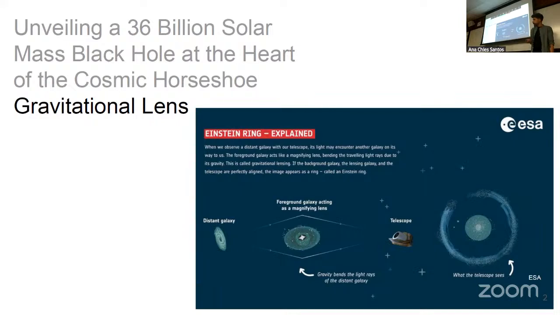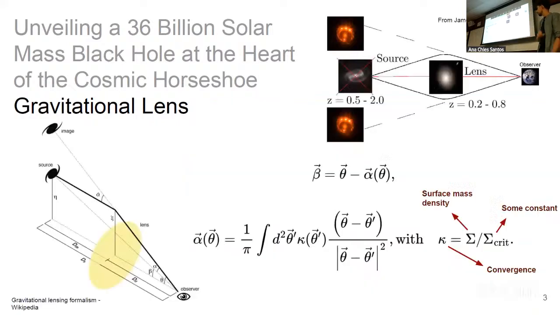And this is because of the deformation of the space-time caused by the mass distribution of the foreground galaxy, also called the lens galaxy.